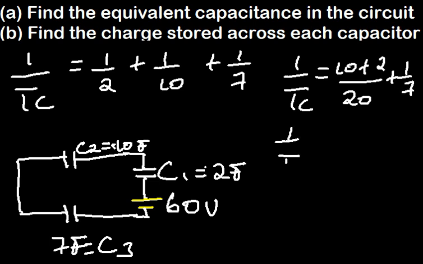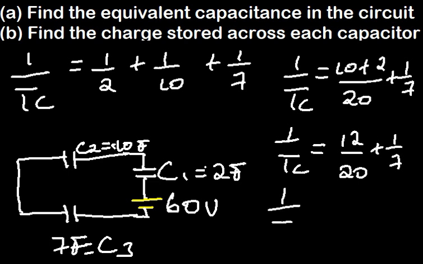So 1 over TC will be 12 divided by 20. Whichever way you combine those fractions, it's okay. Plus 1 over 7.